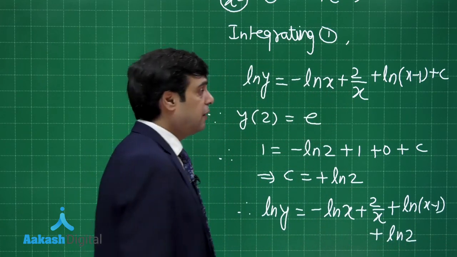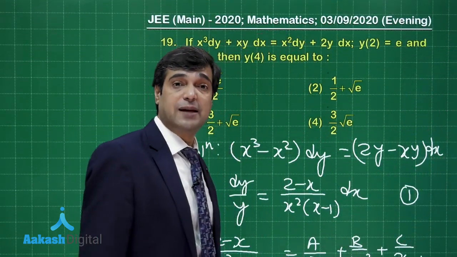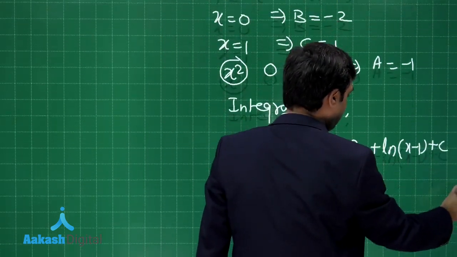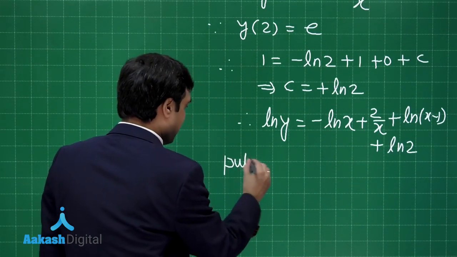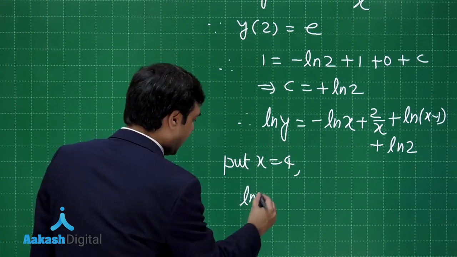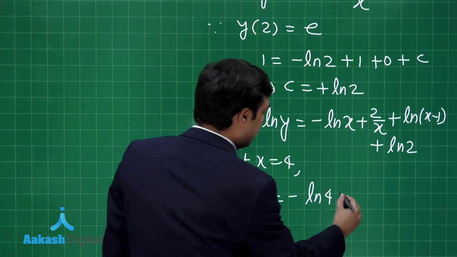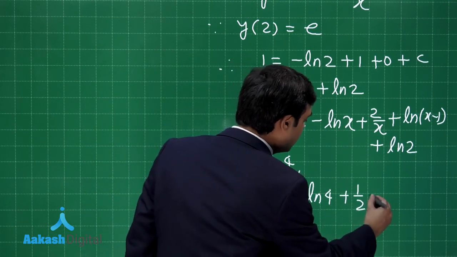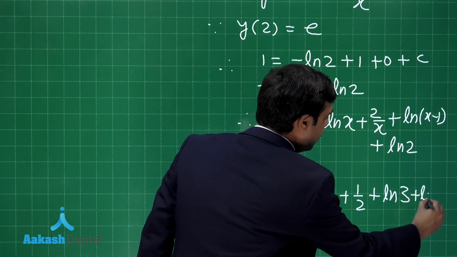Now what is required? Question says find y4, that is substitute x is equal to 4. Put x is equal to 4. We observe this is log y is equal to minus log 4 plus 1 by 2 plus log 3 plus log 2.